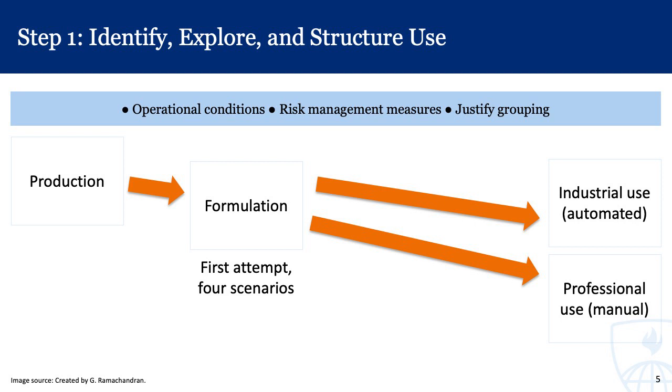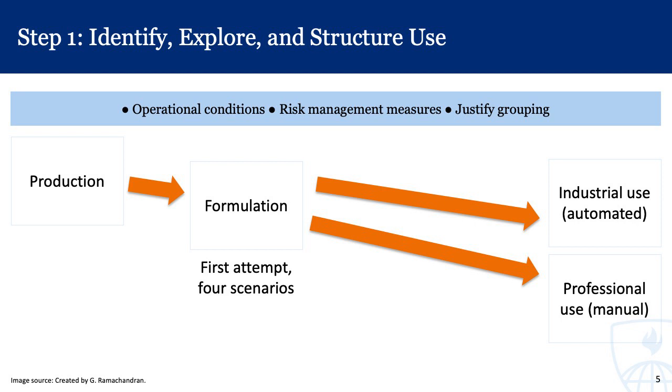The second scenario would be where these different chemicals that were produced in the production step get formulated or essentially mixed into the product. The third scenario is where the product gets used in an industrial setting to make yet another product. For example, using a paint to paint a car. And in the fourth scenario, we would be saying what are the professional uses or manual uses of this particular product.